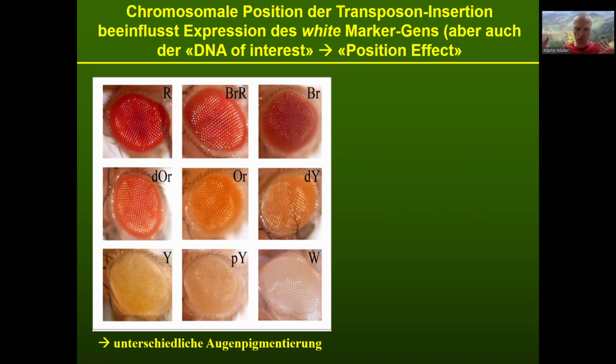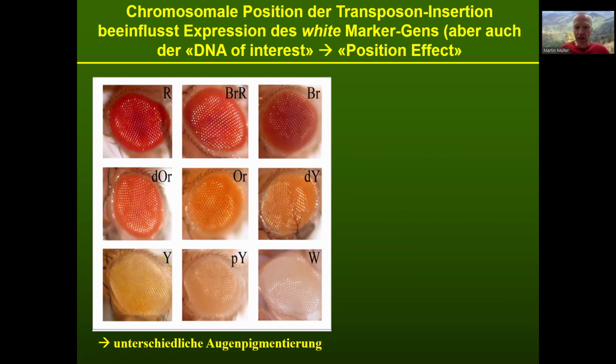This also reflects the fact that the euchromatin, where most of the transgenes are inserted, is not everywhere the same. And we refer to that as position effect. Depending on the position on the chromosome, the white gene experiences a different effect.